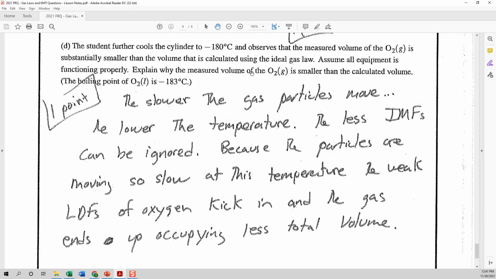If the oxygen molecules start to stick together a little bit, they're obviously going to occupy less space than what's predicted if they wouldn't stick together at all. Okay, so we're getting very close to the point of condensation, and that would mean some of these oxygen molecules are going to start sticking together due to their London dispersion forces, and that is not behaving like an ideal gas.